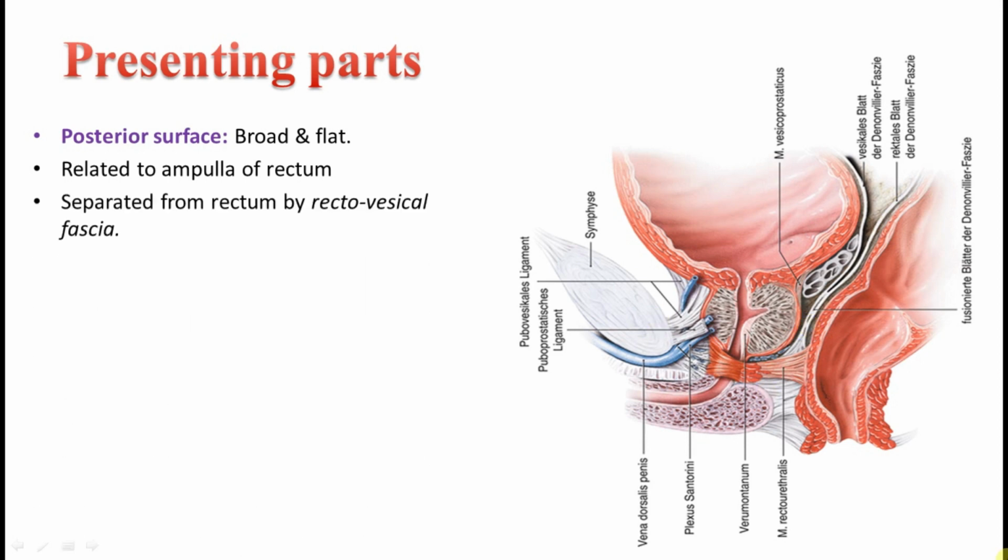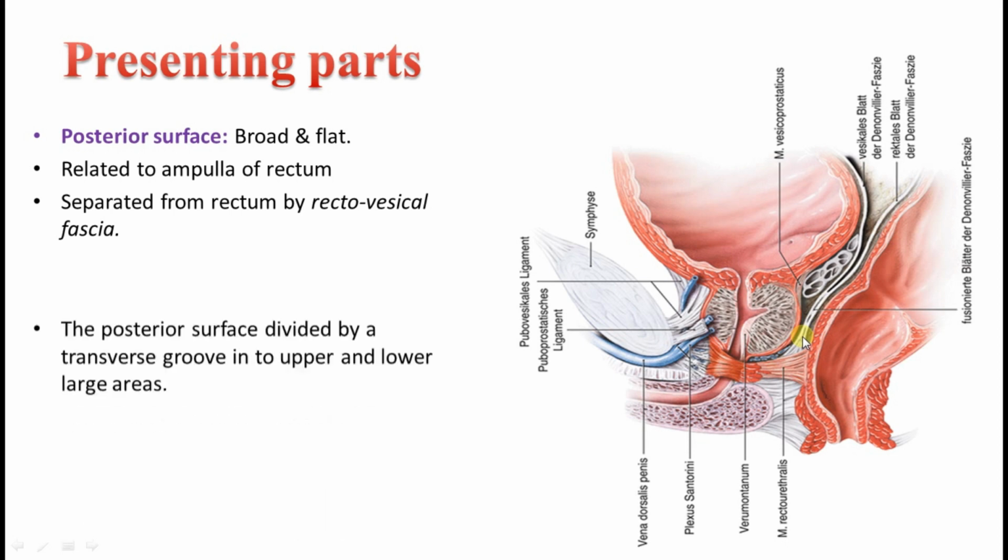The posterior surface is separated from the ampulla of the rectum by the retrovesicular fascia, which I already told you about. This fascia gets inserted into the perineal body below. So what is intervening between the ampulla of the rectum and the posterior surface of the prostate is the rectovesicular fascia.